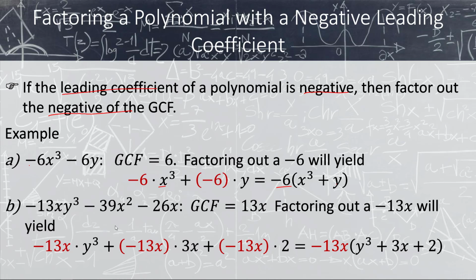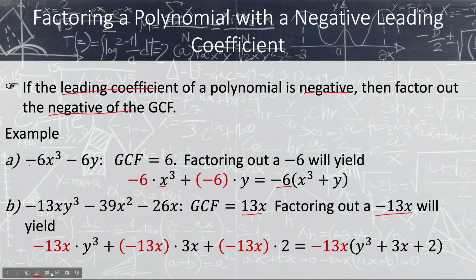Okay, in our next example, we have a leading coefficient of negative 13, and our polynomial has two variables: negative 13xy cubed minus 39x squared minus 26x. The greatest common factor here is 13x, but we want to factor out a negative 13x.